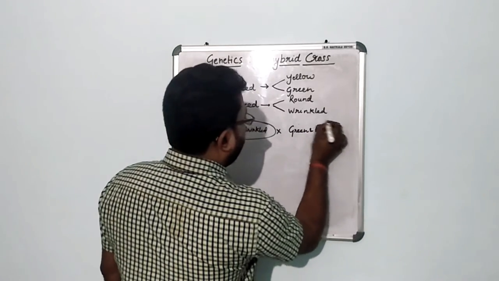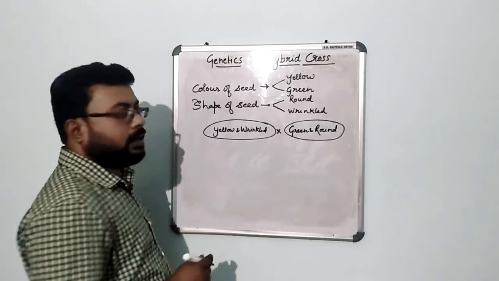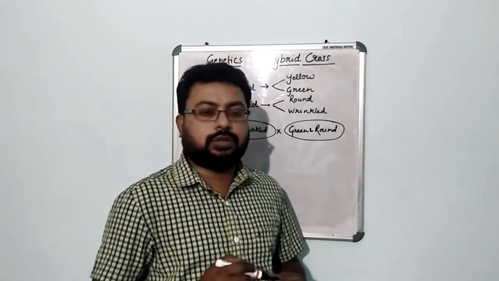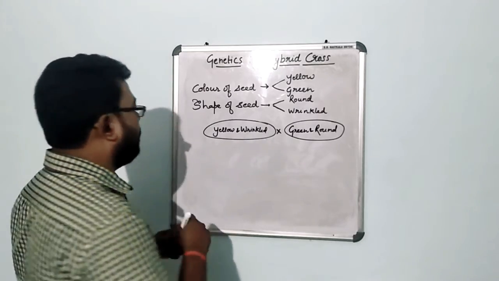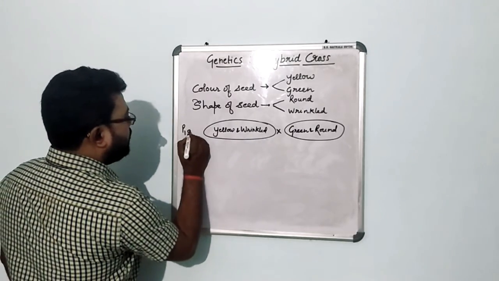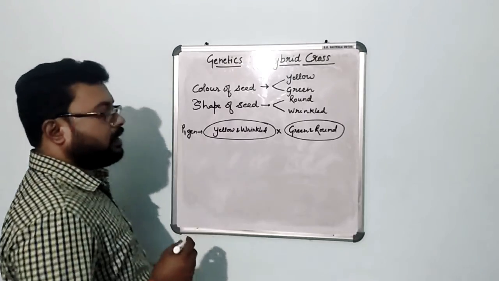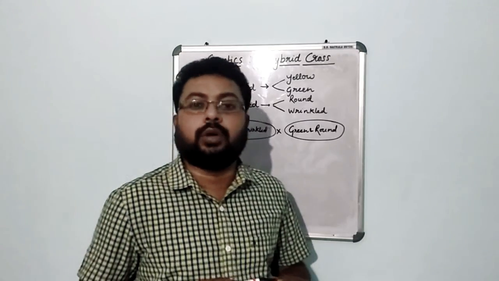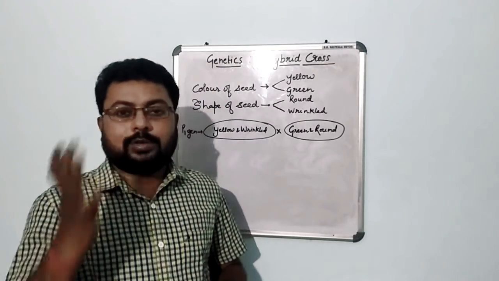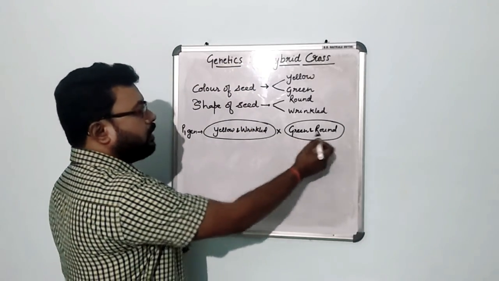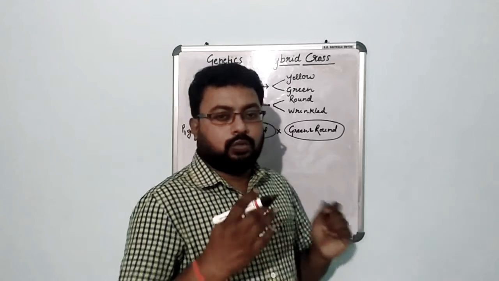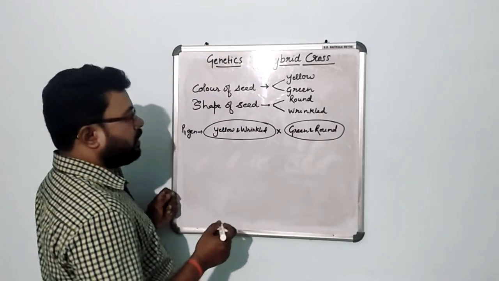Again, as you will find in my previous videos, in what we call the P1 generation or parental generation, the traits are always pure. The traits are homozygous and pure, right? So yellow and wrinkled, green and round, these were the two types that were taken.